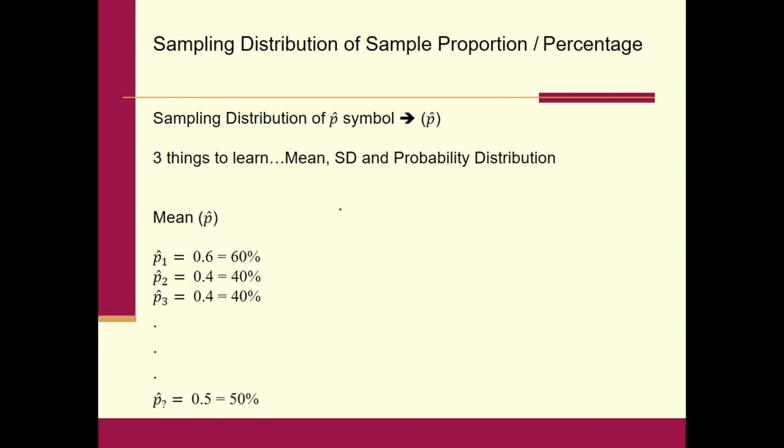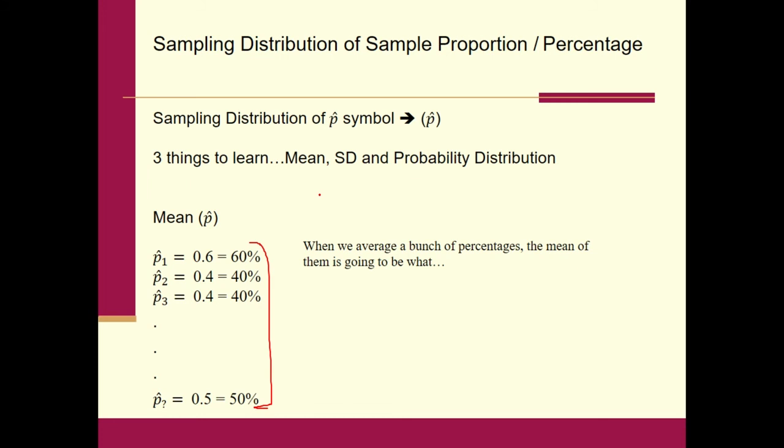So here's our data again, and I've got a simple question for you. When we talk about the mean of the sampling distribution of p-hat, what we're talking about is averaging all these numbers, all these possibilities here. You know, the 60%, the 40%, the 40%. So when we average a bunch of percentages, the mean of them is going to be what?